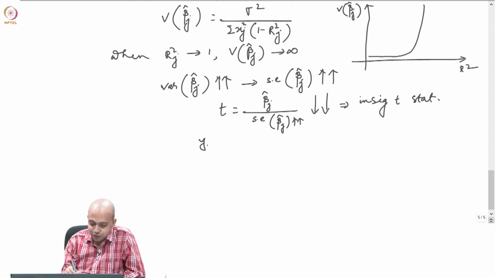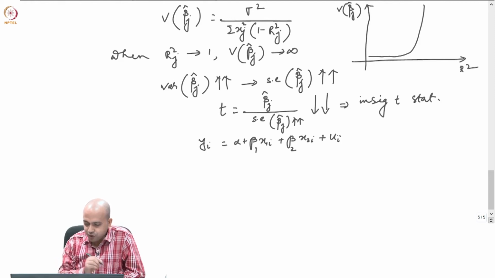Suppose this is your model, yi equals alpha plus beta 1 x1i plus beta 2 x2i plus ui, and you see by individual t statistics, let us say this is T1 and this is T2, both are insignificant in presence of MC.